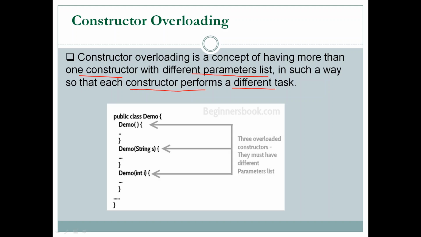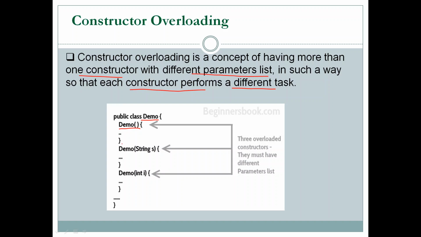Now, one example we have here, you can see we have a class Demo. Inside the class Demo, we have a constructor over here, and then we have a curly bracket open and curly bracket close, that is the body of the constructor. This first constructor is taking no arguments, so this is one constructor.